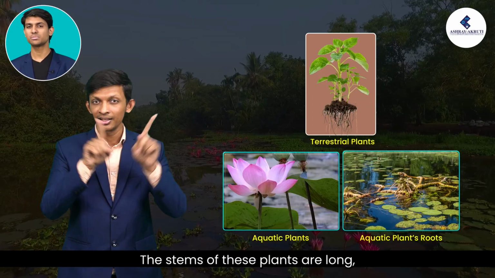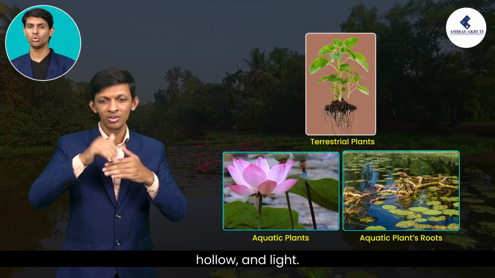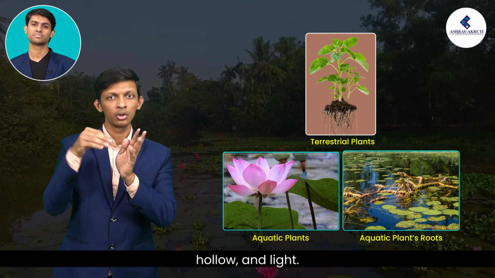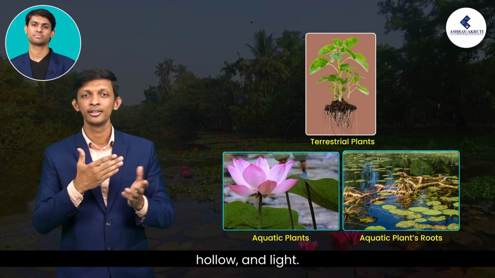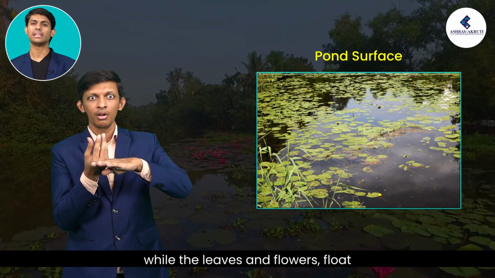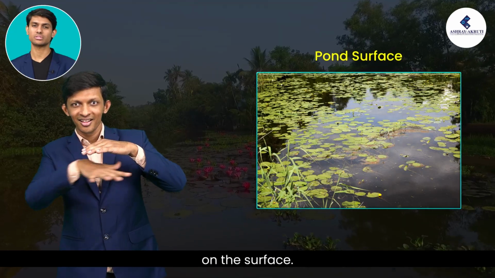The stems of these plants are long, hollow, and light. The stems grow up to the surface of water while the leaves and flowers float on the surface.